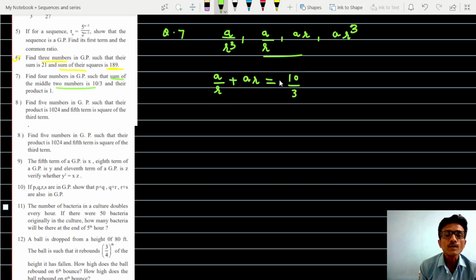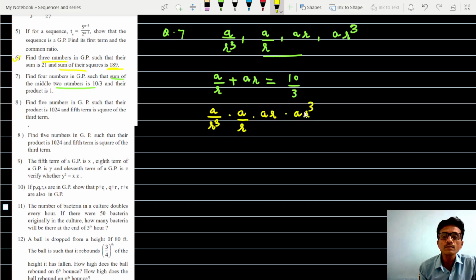And what is given next, and their products. So product of the numbers is a upon r cube, a upon r, ar and ar cube.